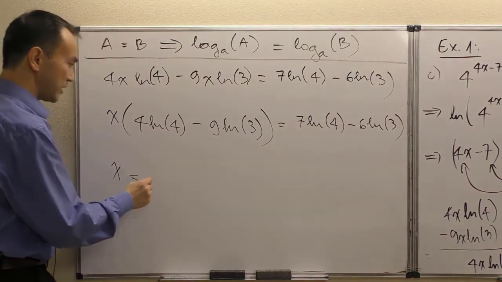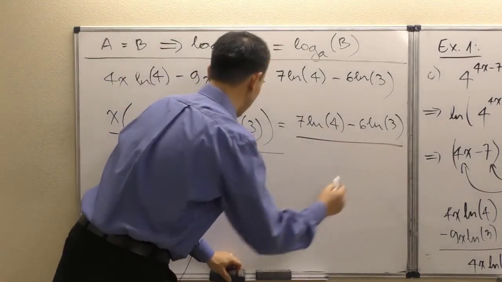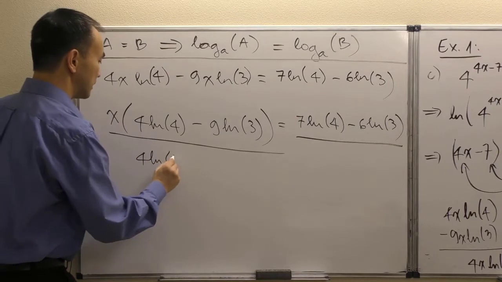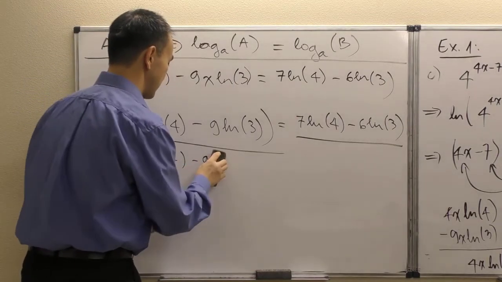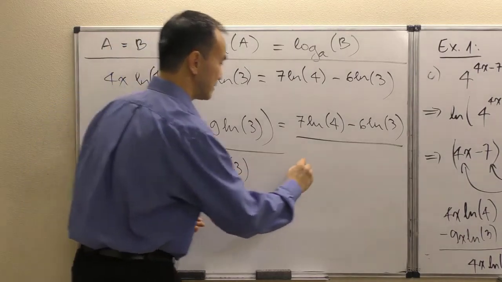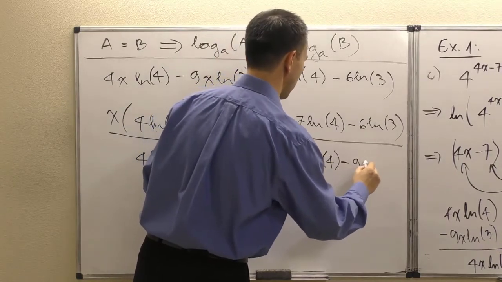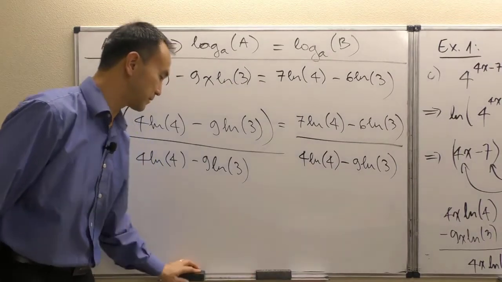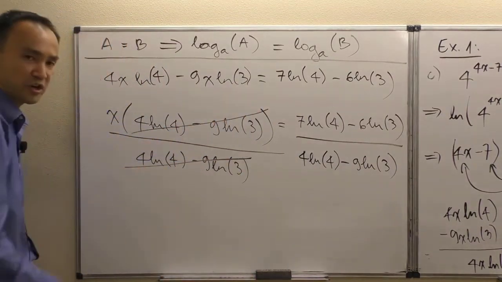So for x, now we can simply divide both sides of our equation by 4 times natural log of 4 minus 9 times natural log of 3. All right, and so in the ending equation, the left hand side cancels that large expression completely.